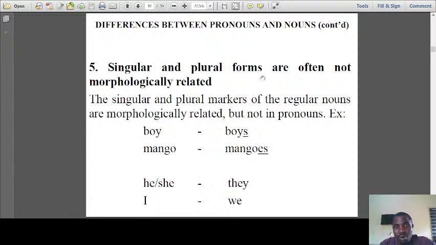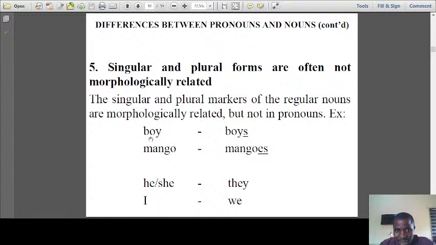Singular and plural forms are often not morphologically related. We emphasized earlier that in terms of nouns, look at it: the singular boy, the plural boys, they are related.